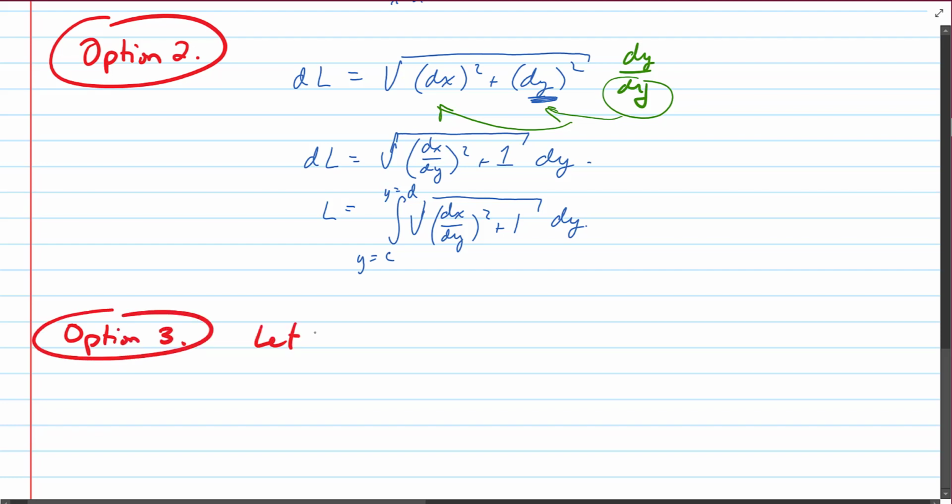I'm going to go ahead and say let the curve, I think we called it C, let C be parameterized by this function that we gave before.